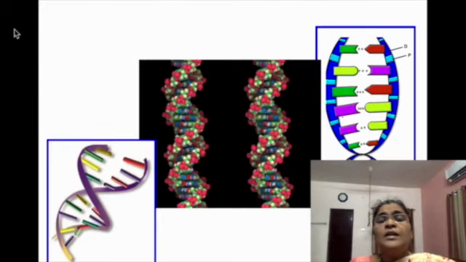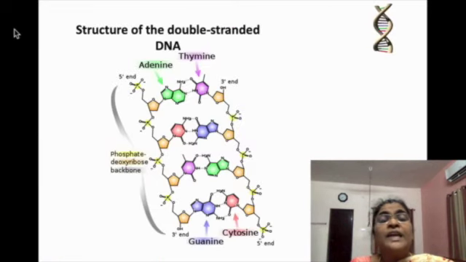This DNA looks like a twisted ladder, and these are the chemical bonds between the DNA. It is made up of four bases, A, G, C and T: A stands for adenine, G for guanine, C for cytosine, and T for thymine.